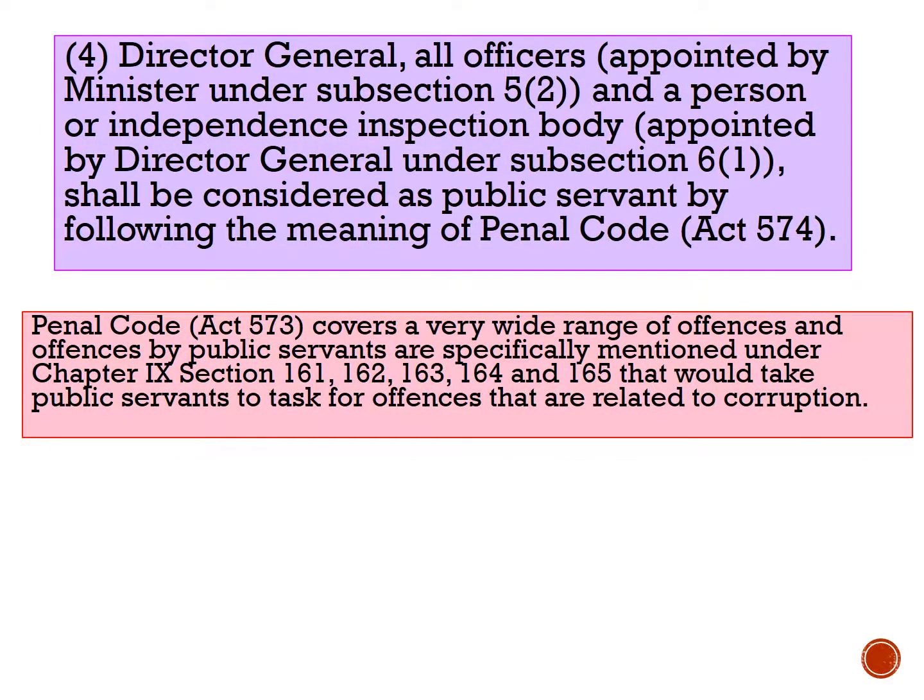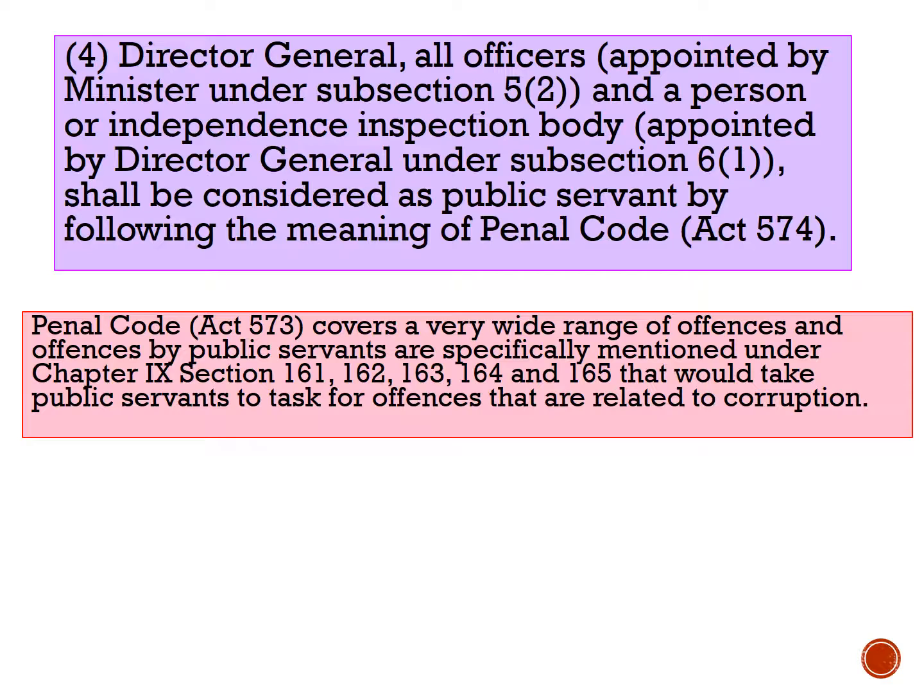The Director General or officials appointed by the Minister under subsection 5 Part 2 and a person or independent inspection body appointed by the Director General under subsection 6 Part 1 shall be considered as public servants following the meaning of the Penal Code Act 574.